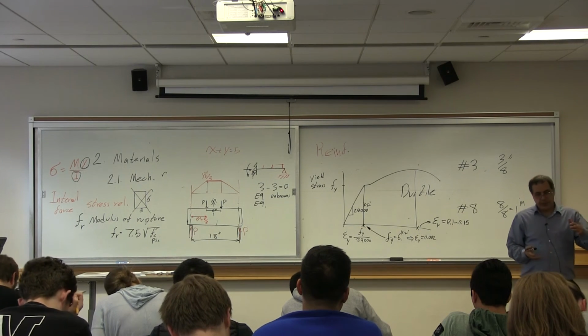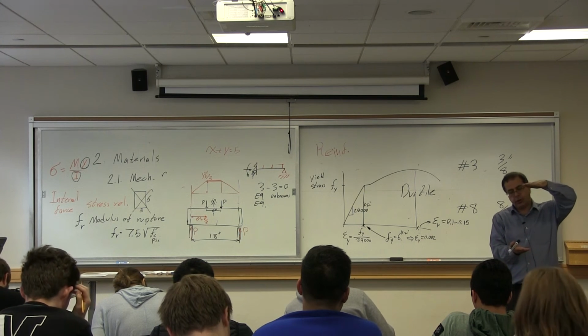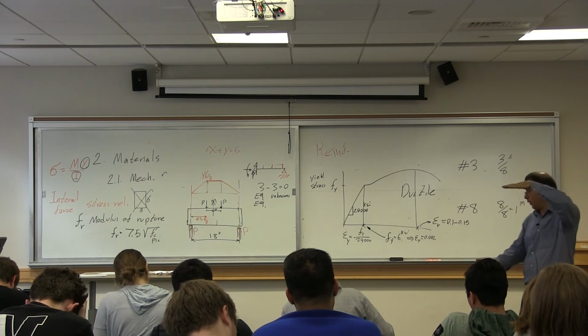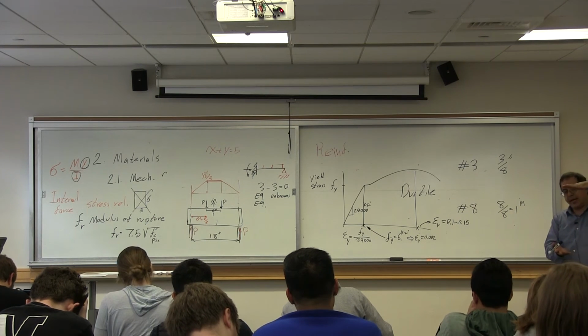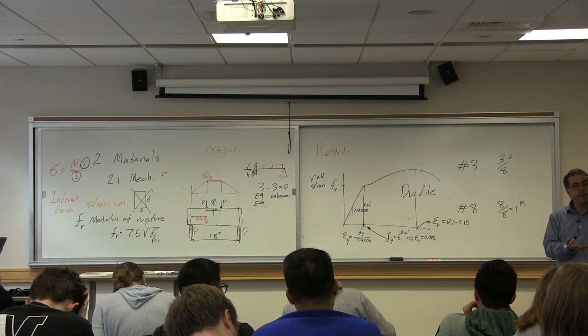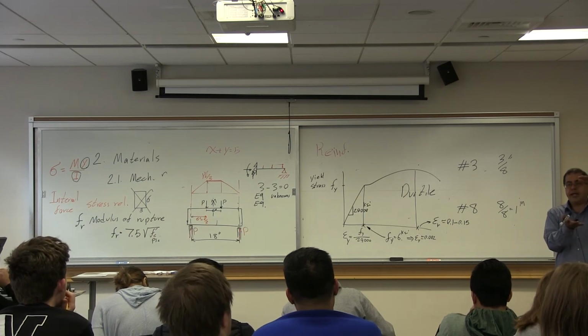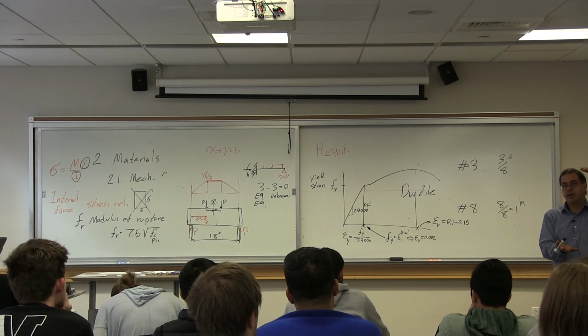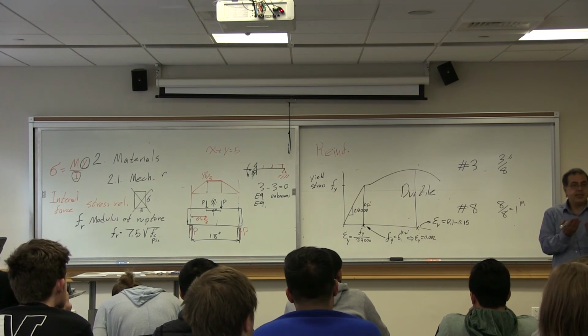If you have a 10-inch long rebar and you pull it, at what length do you get to 0.1 strain? 11. So your 10-inch bar becomes 11 inches, still not broken. You can easily see that.